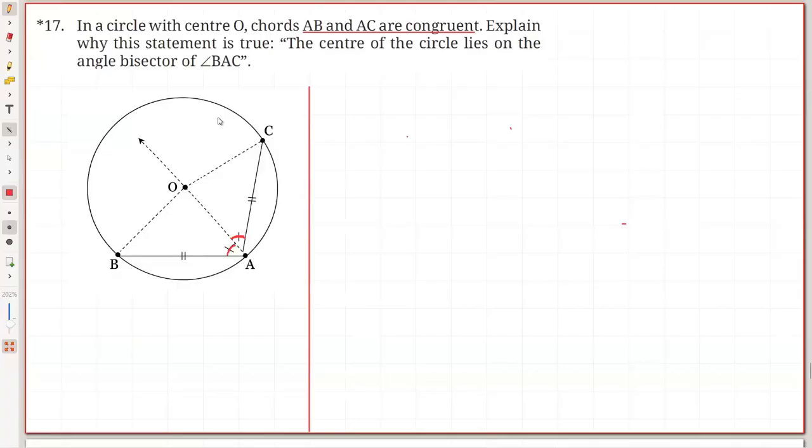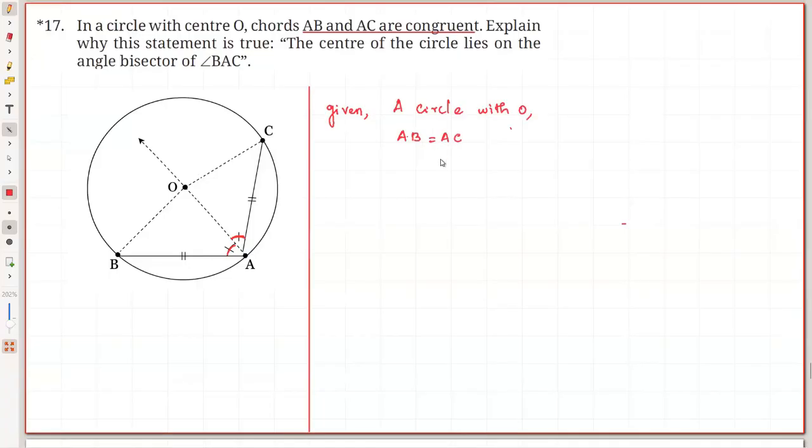So first, what is given? AB is equal to AC is given. Congruent means they are of equal length. So first you can just write given: a circle with center O, and AB is equal to AC.